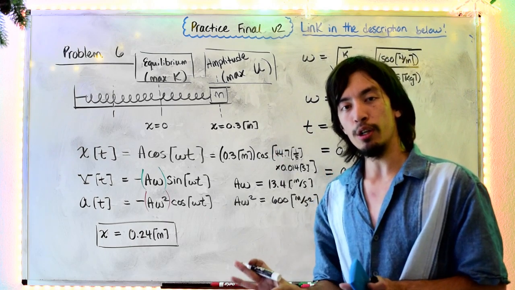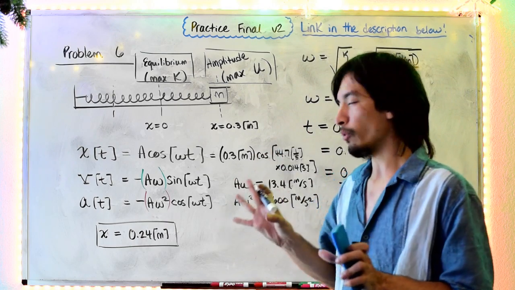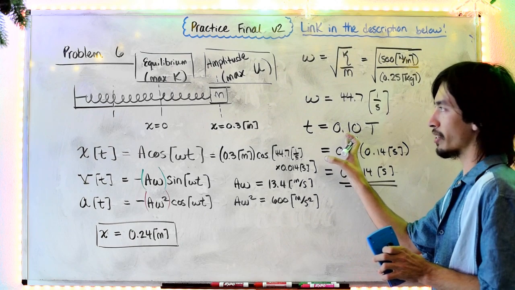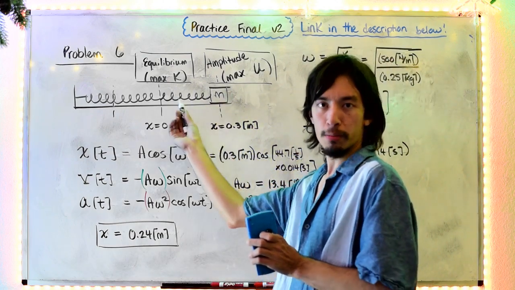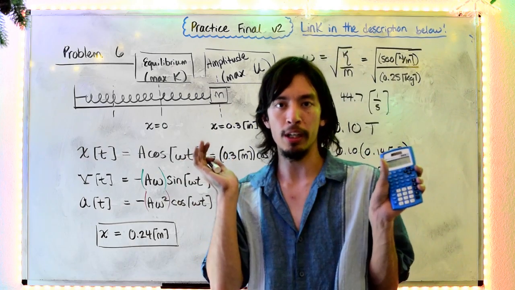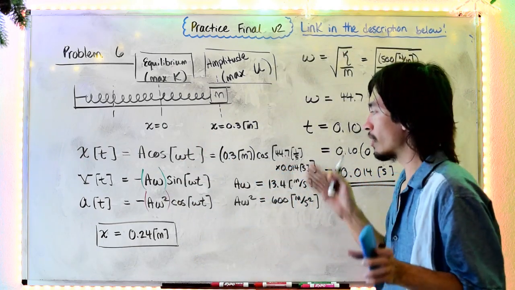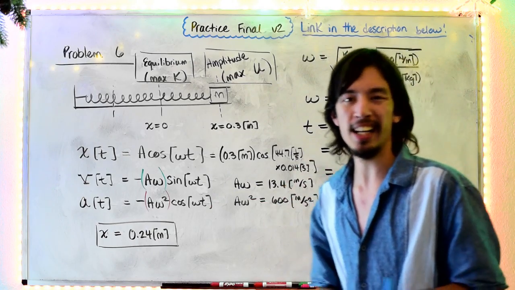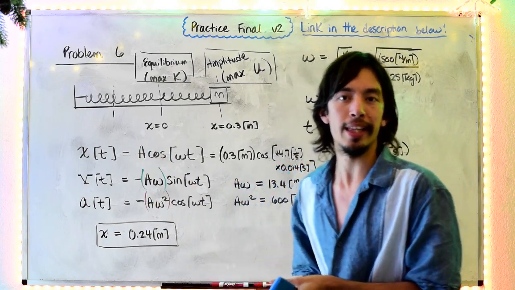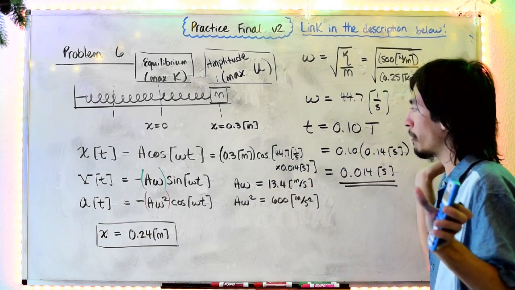The reason why I knew that something was not quite right was because 10% of the period means that this thing will have moved a reasonable distance towards equilibrium. The answer I was getting was suggesting that it didn't move at all. It was like 0.299999 compared to 0.3. That's practically nothing. That didn't make any sense.